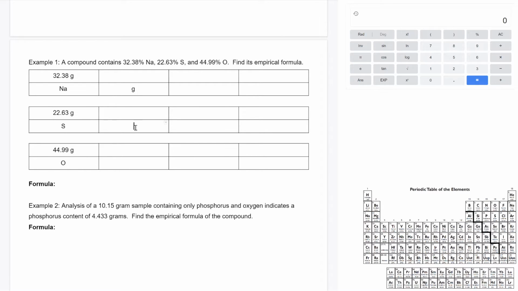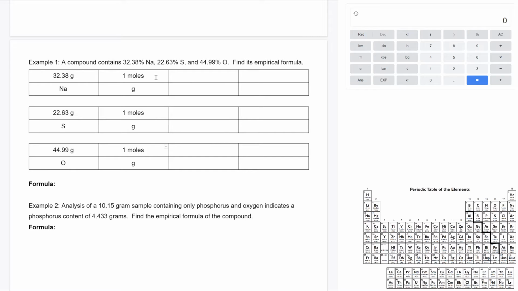Now we're going to convert each of these gram amounts into moles, because an empirical formula is the lowest whole number ratio of moles. So put grams at the bottom for each, because we started with grams in each table.